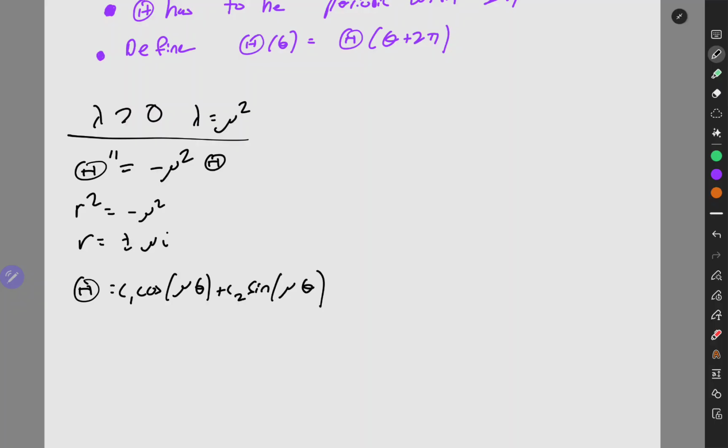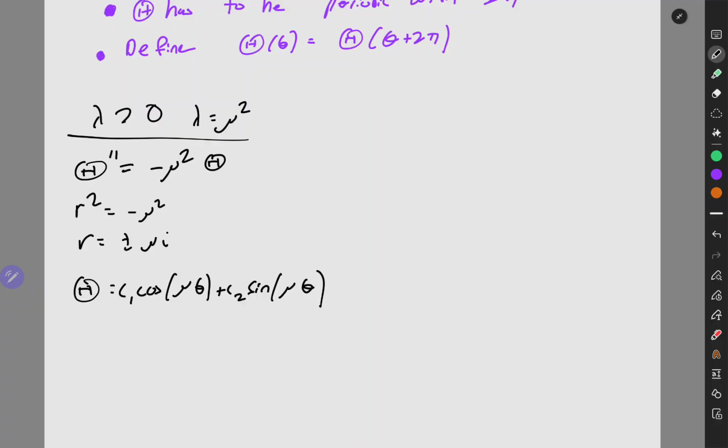Looking at this, we can just look at it and we know that for theta here, this is periodic.